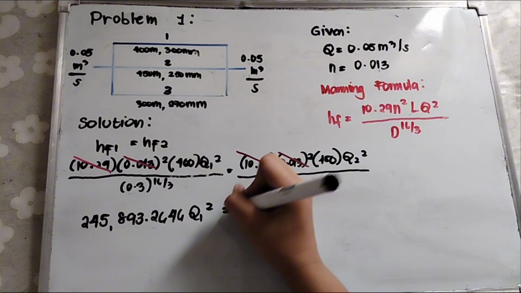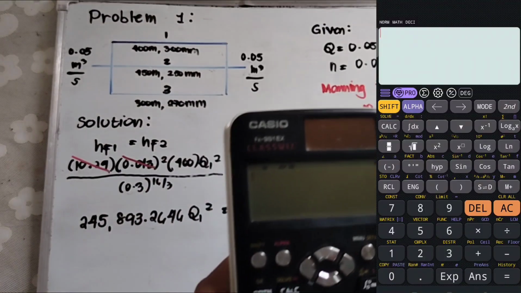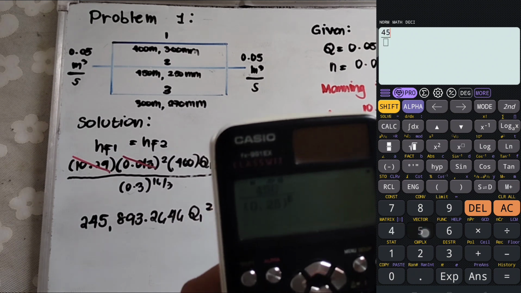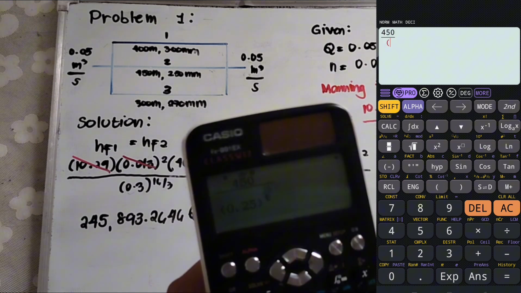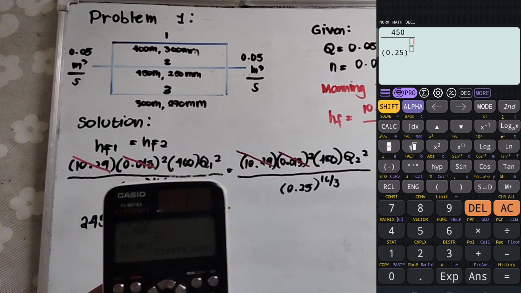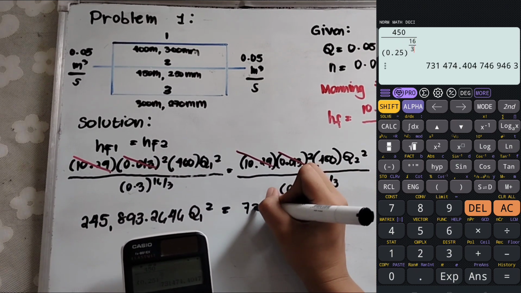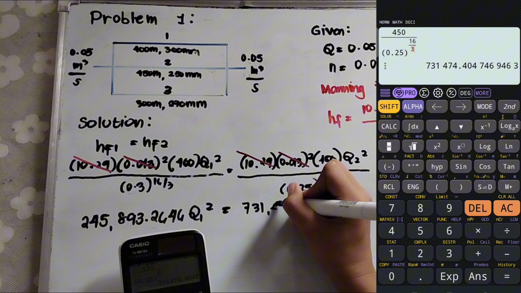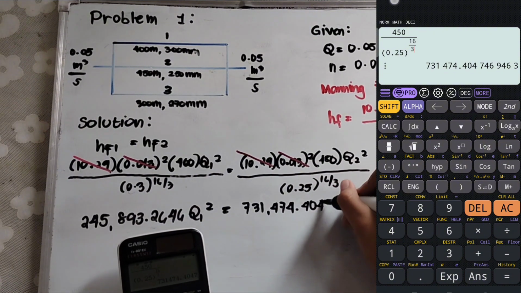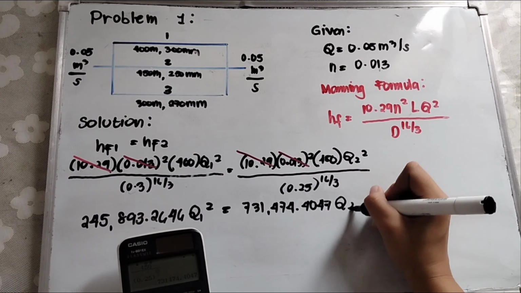We'll use the same process at Q sub 2, in which 450 over 0.25 raised to 16 over 3, which we came up with an answer of 731,474.4047 Q sub 2 raised to 2.